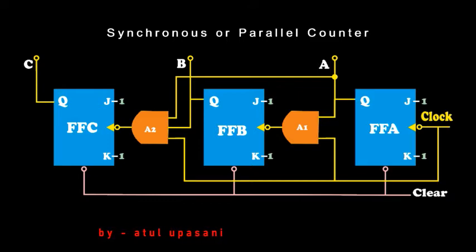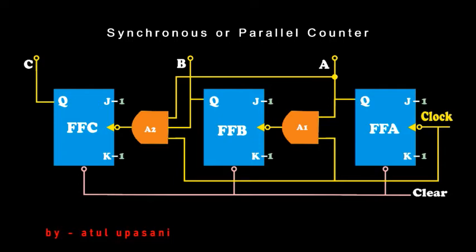Flip-flop B gets the clock pulse through an AND gate with the clock input as well as the output of flip-flop A, so the product of the clock pulse and output of A will be the clock pulse for flip-flop B. In a similar way, for flip-flop C, the AND gate has the clock input, and the output of A as well as the output of B is also connected to that AND gate.